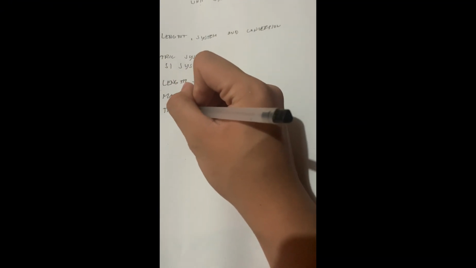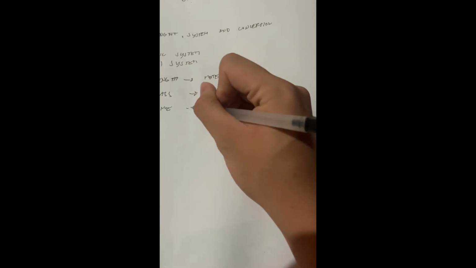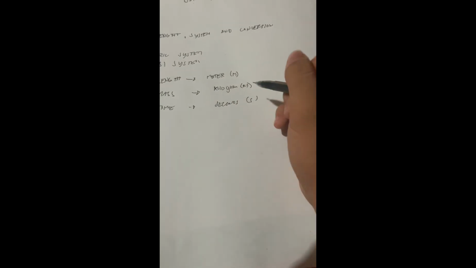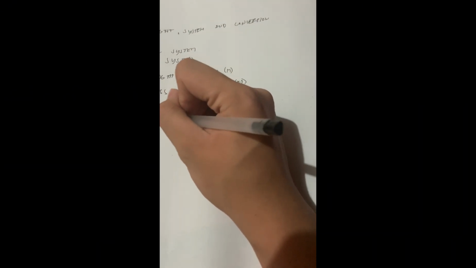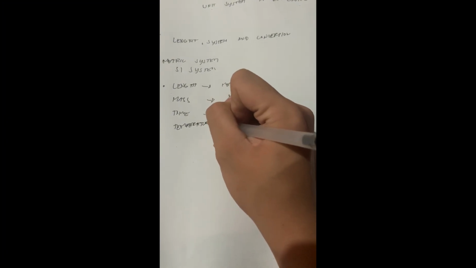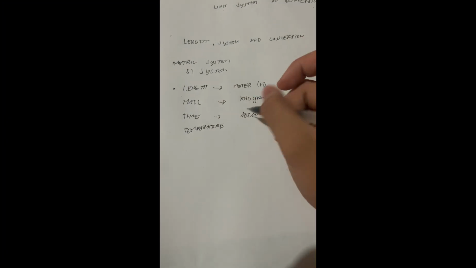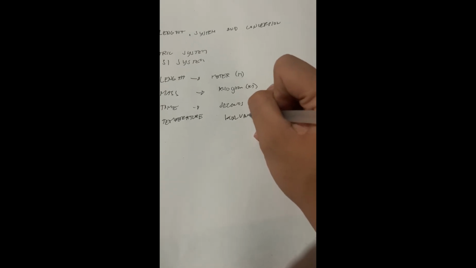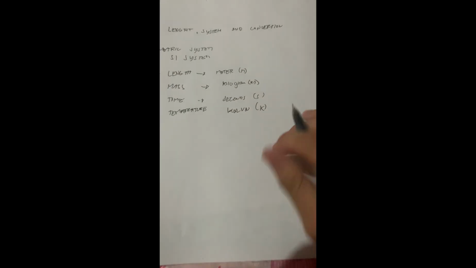For time, the unit is second, or s. And for temperature, it's Kelvin, or K.